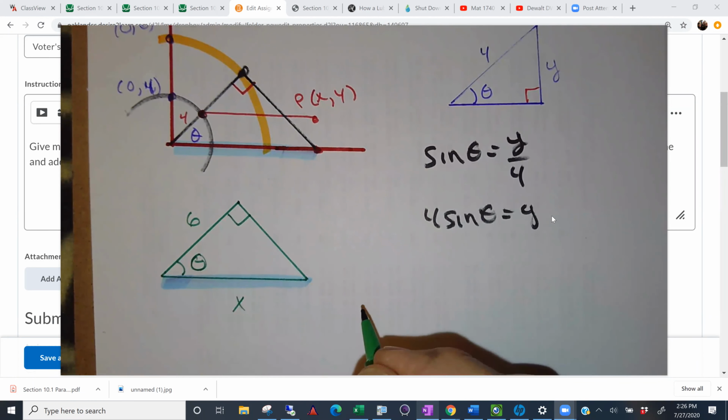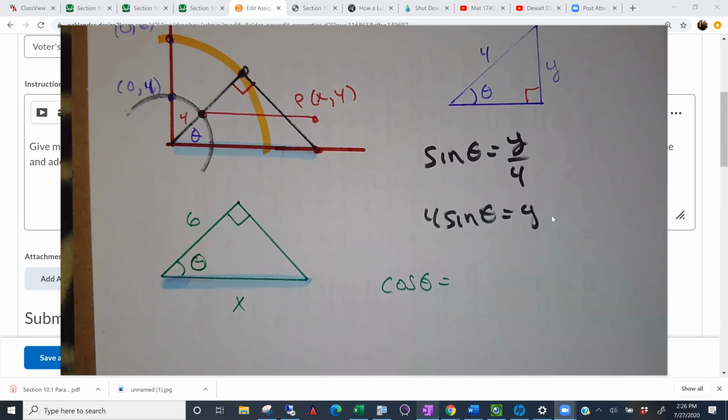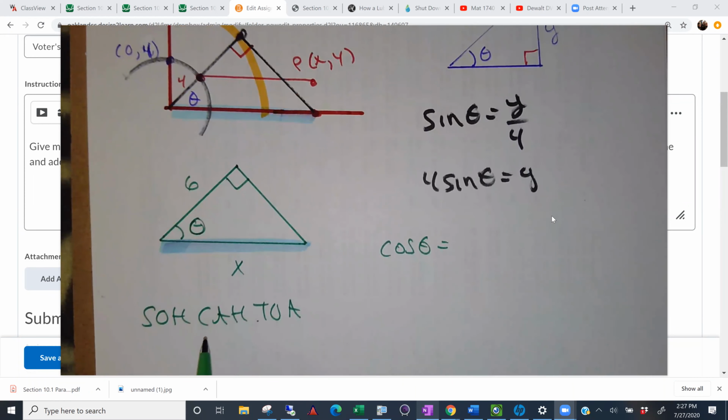If I look at, say, the cosine of theta, remember SOHCAHTOA? What's the CAH part stand for? Adjacent over hypotenuse. Yeah, cosine is adjacent over hypotenuse.